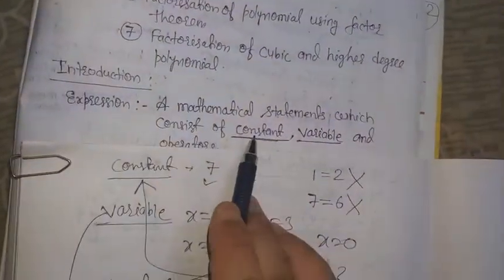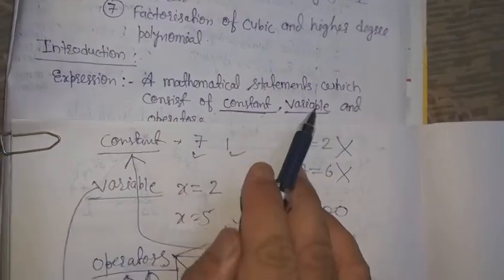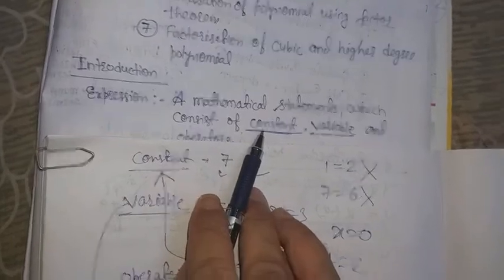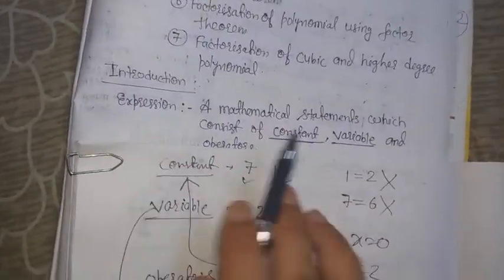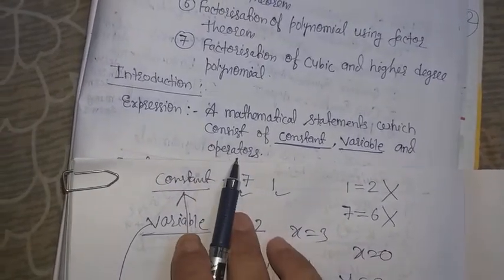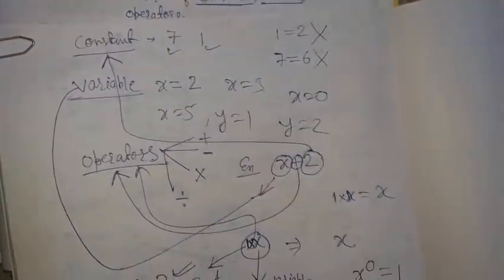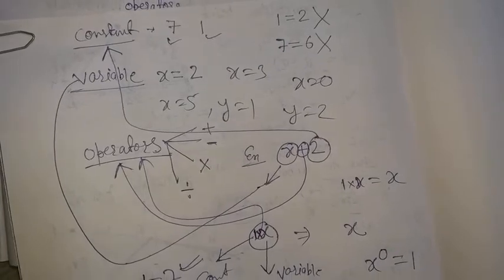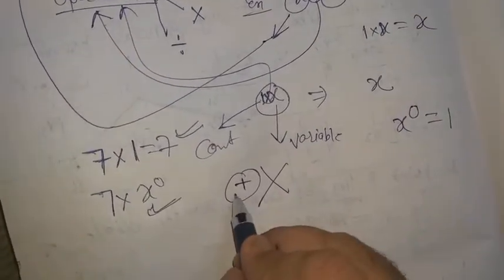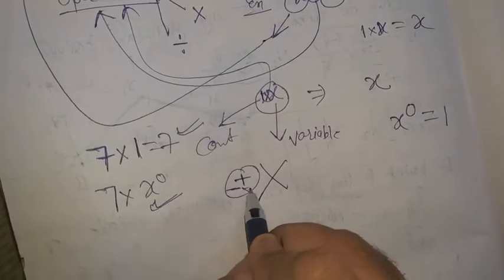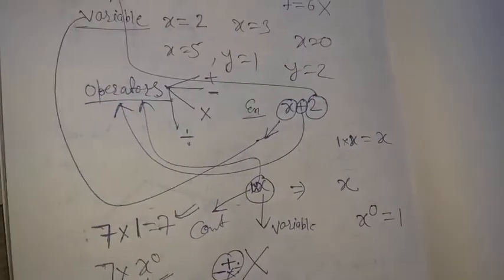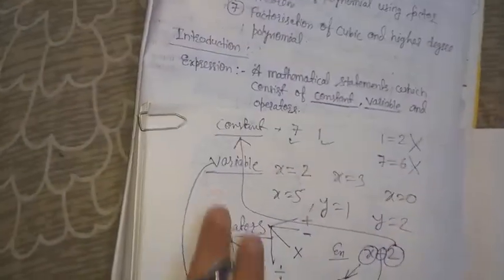Means only constant, only variable, a mixture of constant and variable, or a mixture of constant, variable and operators may be an expression. But only operator is not an expression. Okay, so this is about expression.